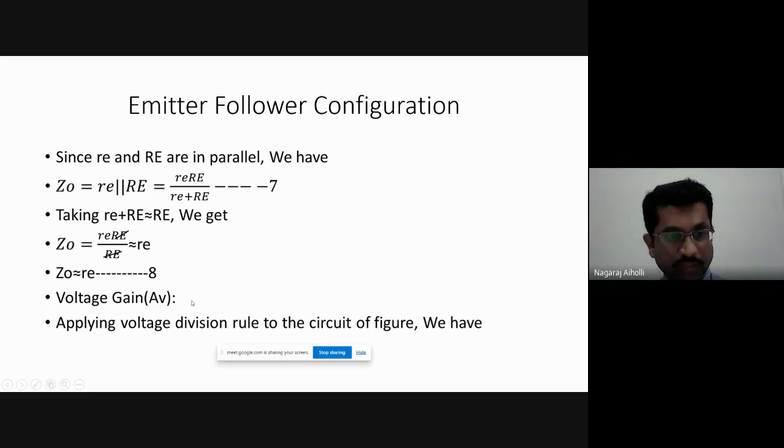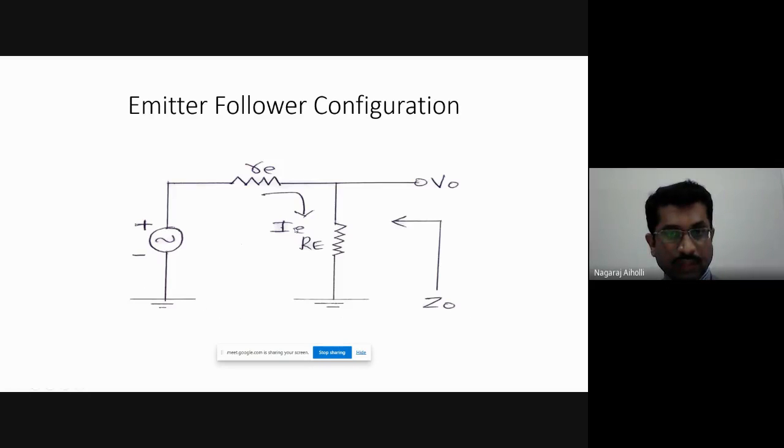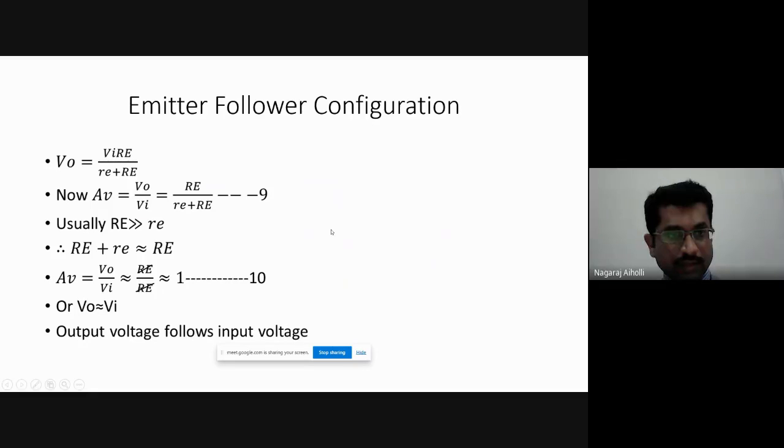Next, voltage gain equation. If you want to find the voltage gain equation, apply the voltage division rule to the circuit we got just now. V0 is the voltage across capital RE. That is main voltage VI into resistance of the same branch, that is capital RE, divided by sum of the resistances, that is small RE plus capital RE. V0 is VI into capital RE divided by small RE plus capital RE. Voltage division rule. Now rearrange the terms for V0 by VI.